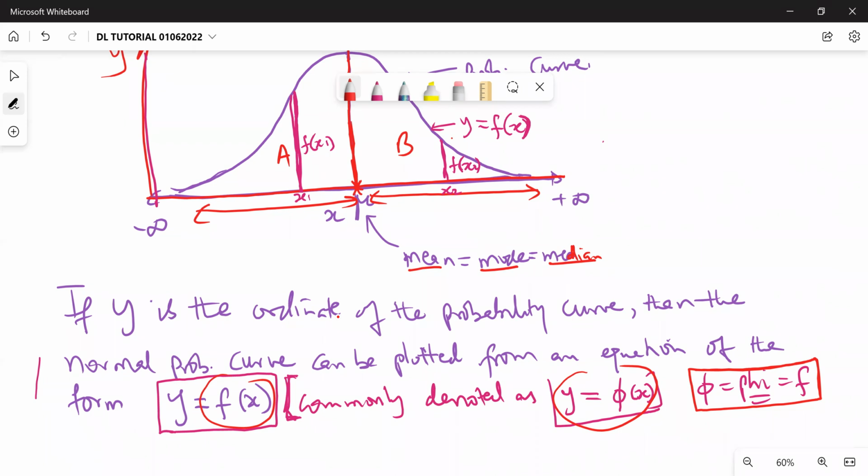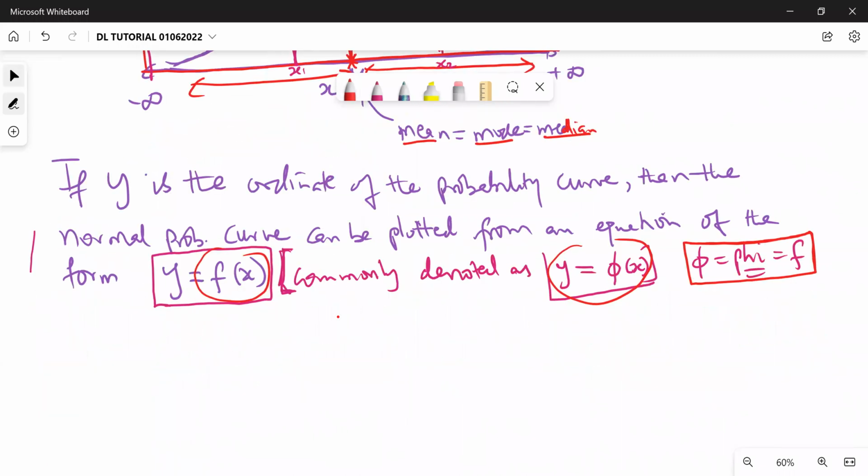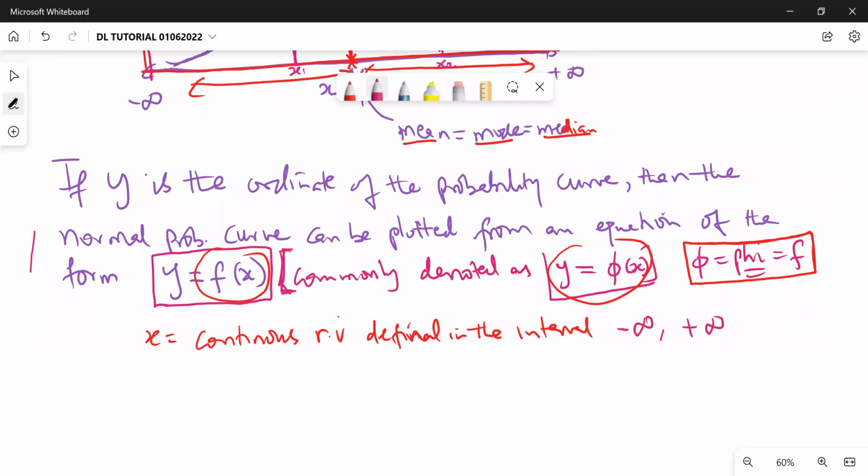Okay. So in this formula, and remember, we are not giving the explicit definition of the formula of the normal distribution, x is a continuous random variable defined in the interval minus infinity to plus infinity.